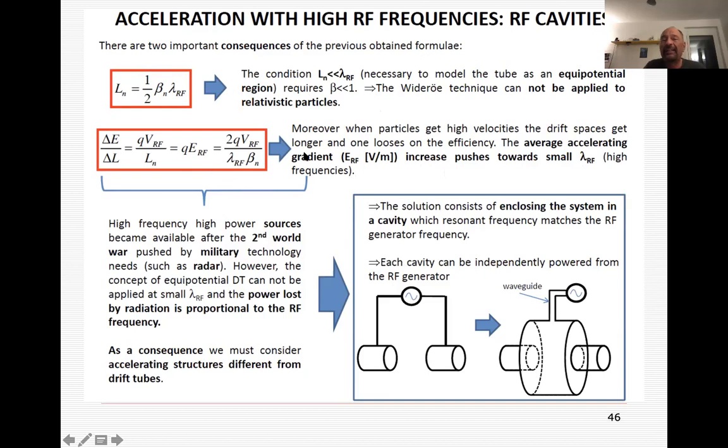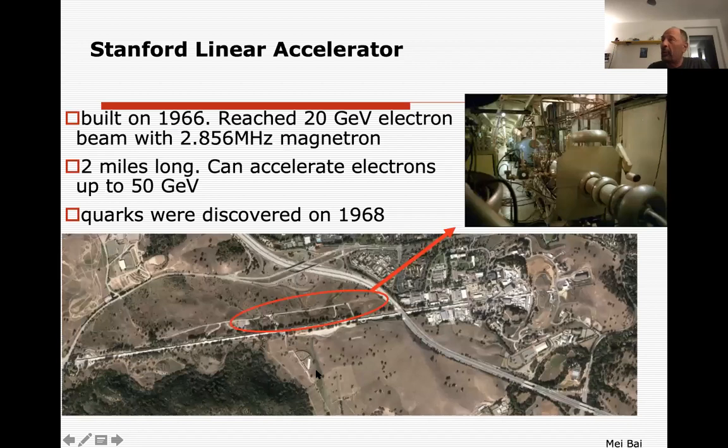So essentially, the idea here is that if you want to go higher, you have to go to very high frequencies, and this can be done by enclosing the system in a cavity with the resonant frequency that matches the radio frequency of the generator frequency. Doing it this way, you can go to extremely high energy linacs.